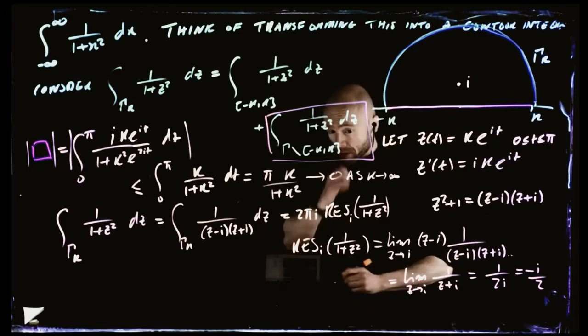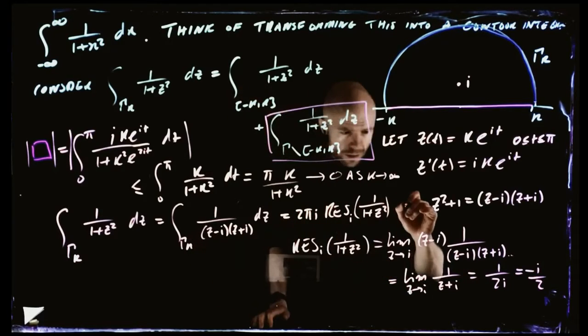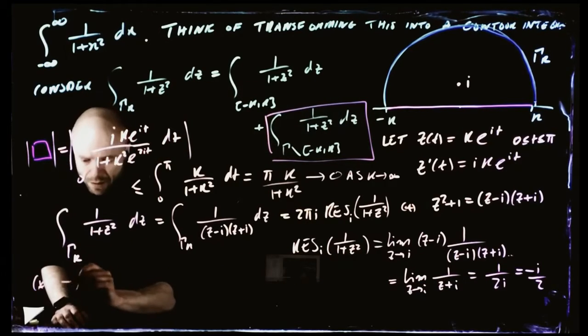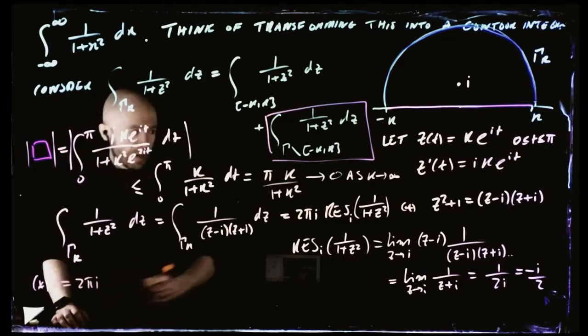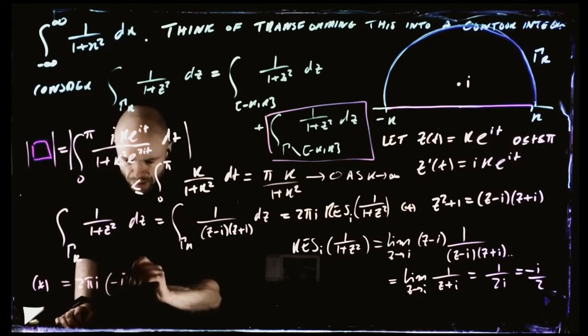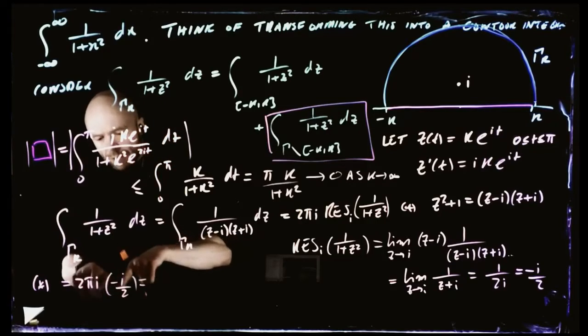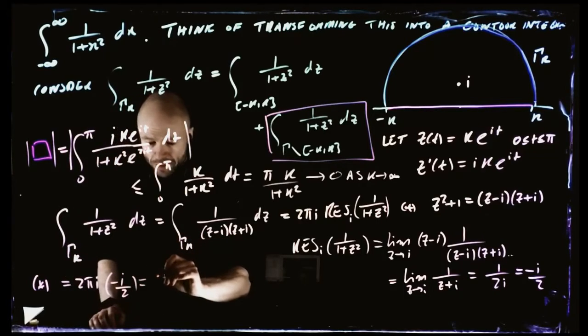Cool. So from star, we have that the answer should be 2 pi i times minus i over 2. So what's that? Minus i times i is just 1, so that's just equal to pi.